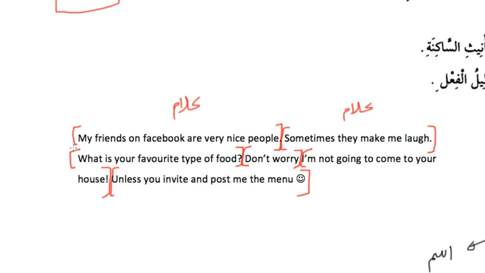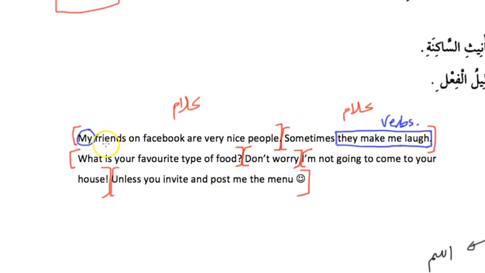Let me explain another way. In this sentence, we have the word make, they make me laugh. Laughing is actually an action, and actions are verbs. Something that's not an action but has a meaning, for example the word my. You know what that means.